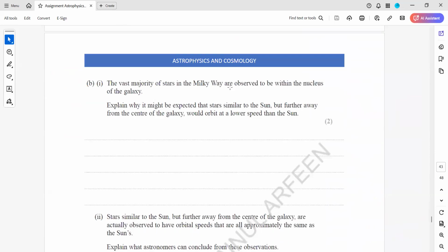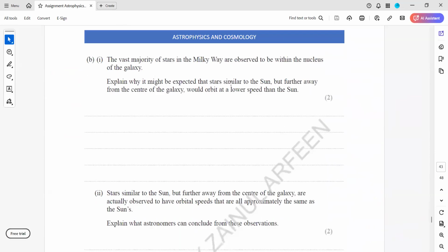The next part: the vast majority of the stars in the Milky Way are observed to be within the nucleus of the galaxy. Most of the stars which we observe are in the nucleus of the Milky Way. Explain why it might be expected that a star similar to the sun but further away from the center of the galaxy would orbit at a lower speed than the sun.